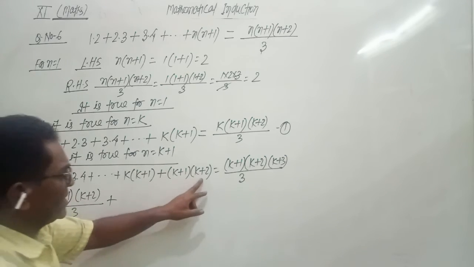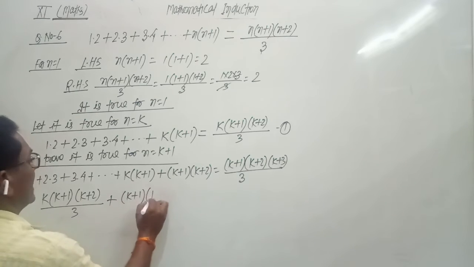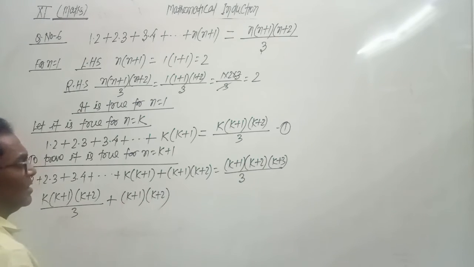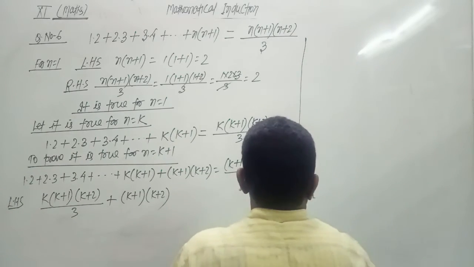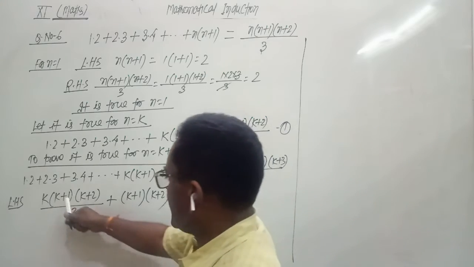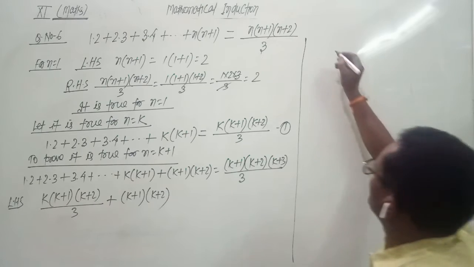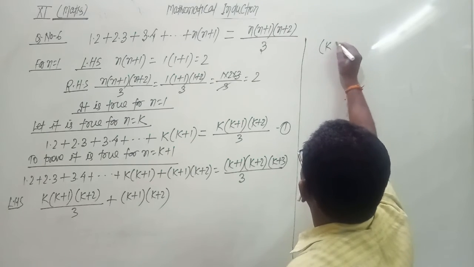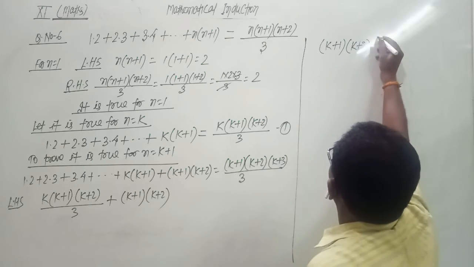And the last term would be written as it is, that is k plus 1 and k plus 2. Now from these two terms, k plus 1 and k plus 2, both are common.